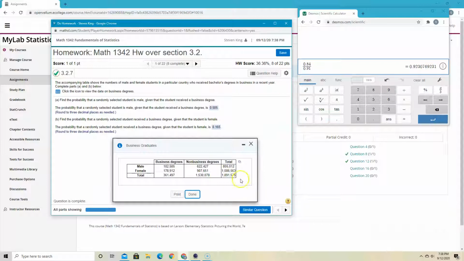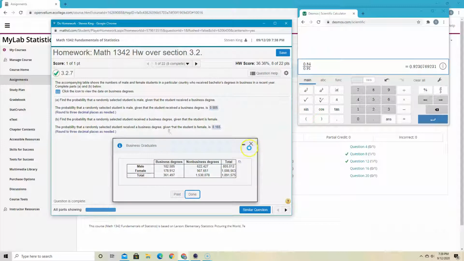If they decide to ask a probability question only referring to a subgroup, a subset of this population of interest, maybe it's just out of only those students who had a bachelor's degree that year, then you would only be talking about out of this many, and instead of this many. If they said out of all the females, well, then it would not be based out of this total population data size, but this smaller one, the 1,086,000.